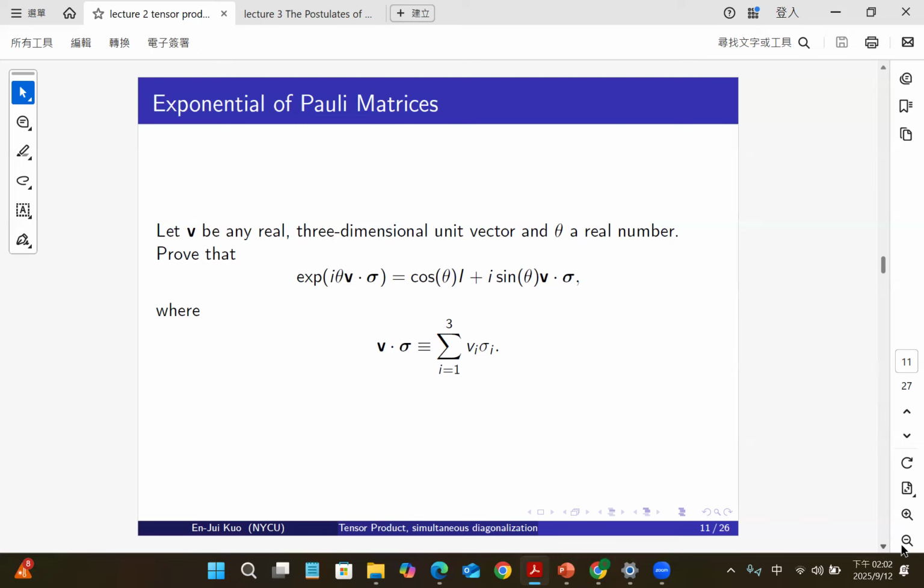So you can compute sigma dot v. By definition, it's just v1 times these matrices, plus v2 times these, plus v3 times these. These are the definitions of the Pauli matrices, and this is just an easy exercise. The result is [v3, v1 minus i v2; v1 plus i v2, minus v3].